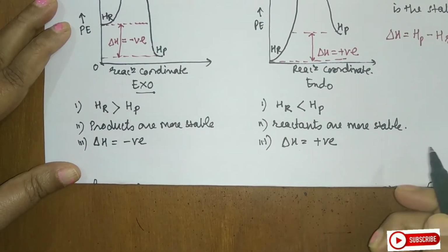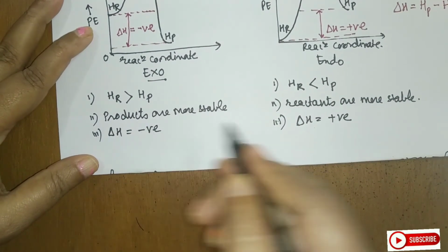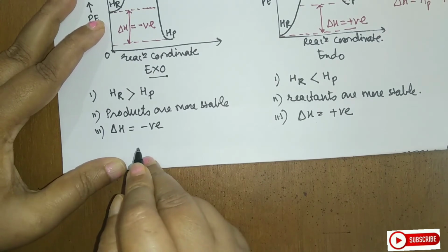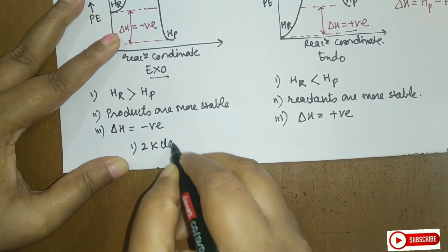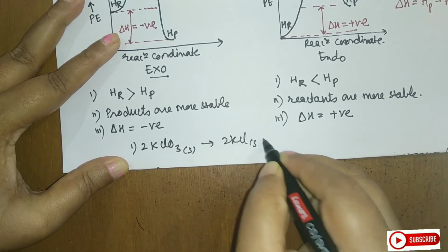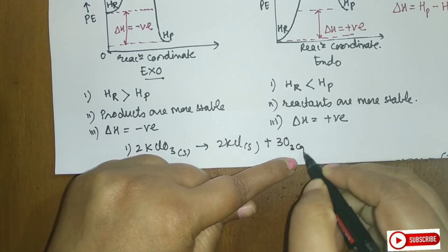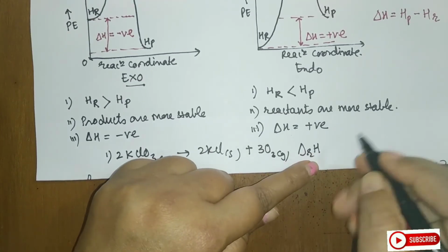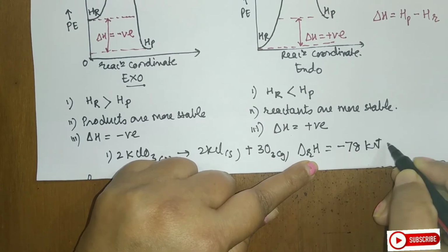Now students, let us take some examples and try to correlate these points of difference. The first example is 2 KClO3 gives 2 KCl plus 3 O2. Here, the reaction enthalpy is minus 78 kJ.